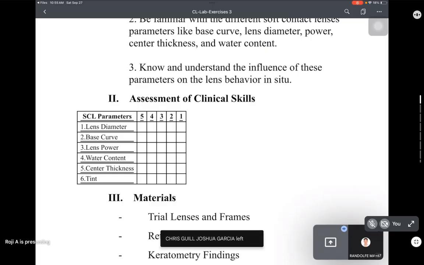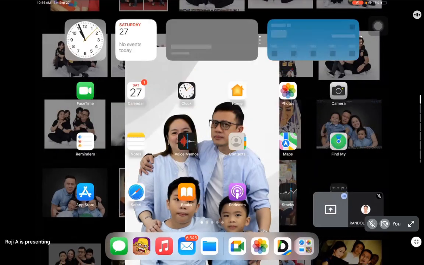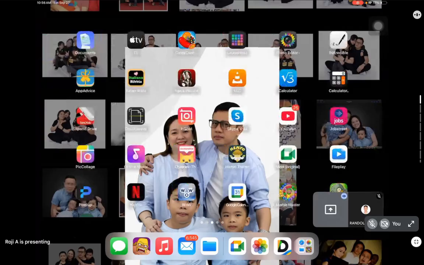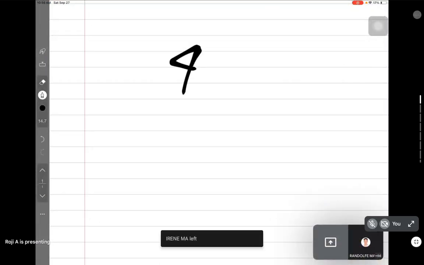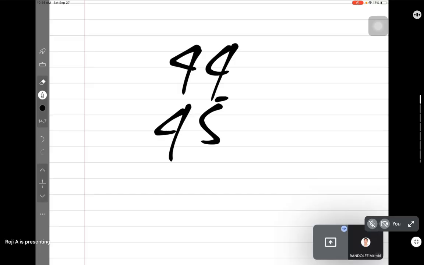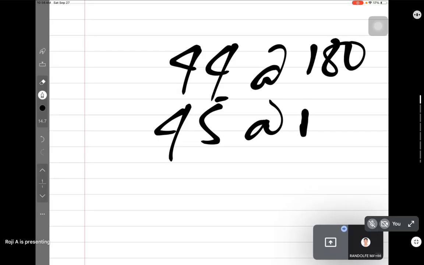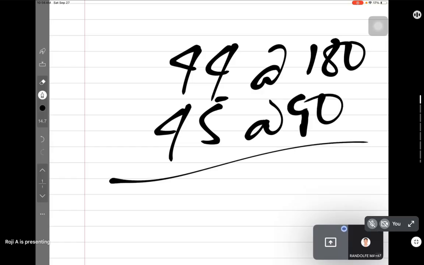and based on the K reading, you have your horizontal and vertical. Based on those, you look for whichever is flattest, right? So, for example, you have 44 and 45 at 180 and 90. Obviously, 44 is the flatter.